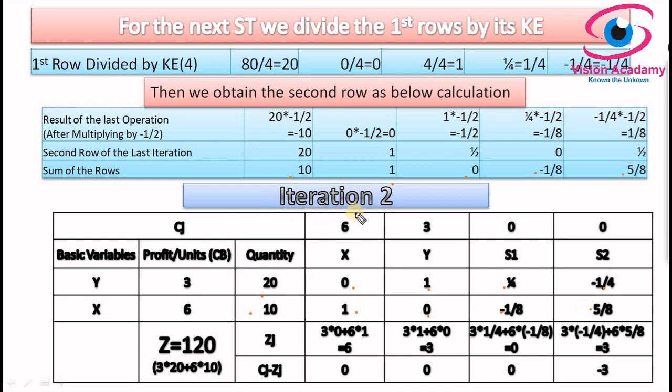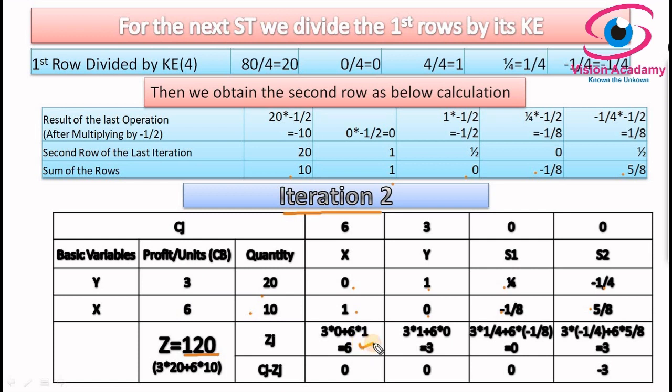Now after this, for the second iteration, I will calculate the Z value. The Z value is profit into quantity: 3 into 20, 60, plus 6 into 10, 60, so 120. Z is 120. And the Zj values for 1, 2, 3, 4 we also have to derive. 3 into 0, 0, plus 6 into 1, 6.